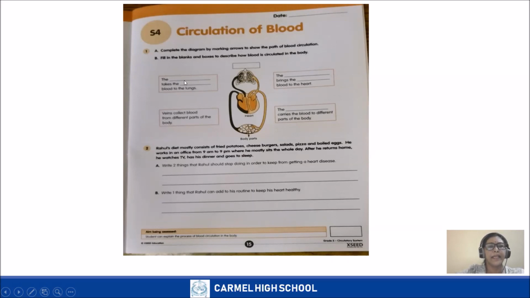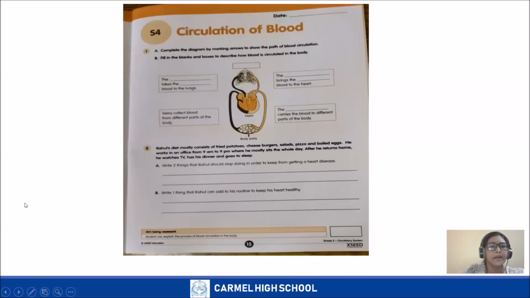So the pulmonary artery takes what type of blood? Deoxygenated blood to the lungs. The dash brings blood to the heart. So the pulmonary vein brings the oxygenated blood to the heart. The dash carries the blood to different parts of the body.